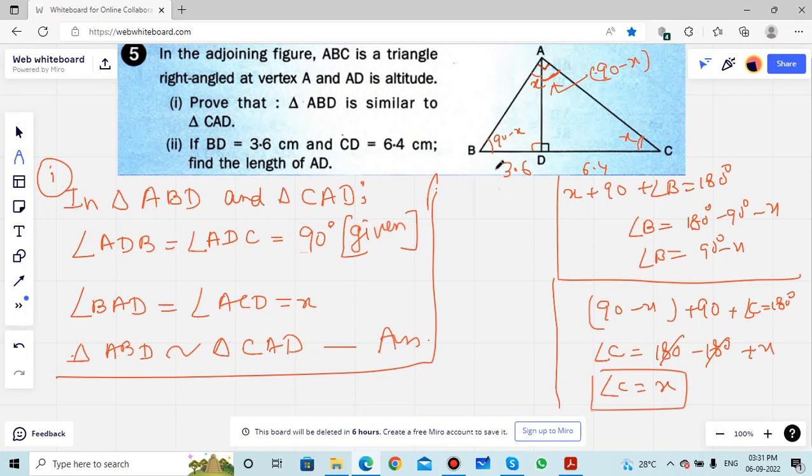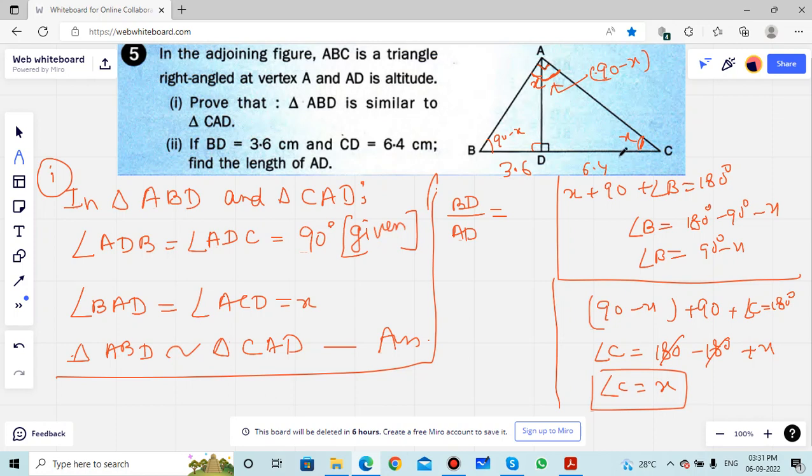So this is the side we are taking because this is given to you. BD, and BD is opposite to which angle? Angle x. So right here BD upon, angle x is equal to this angle x. What is the side opposite to it? AD in this triangle. So it will be upon AD is equal to, now see, 6.4 is given.